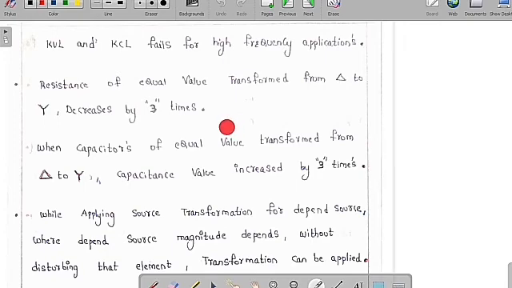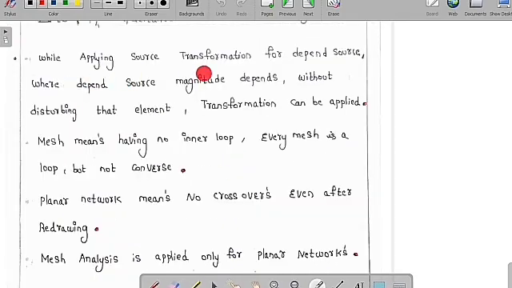This you can easily figure out with the help of the star delta conversion. Similarly, when capacitance of equal value is transferred from delta to star, the capacitance value increases by 3 times. This also you can figure out with the help of the star delta transformation. While applying source transformation for a dependent source, the transformation can be applied without disturbing the element on which the dependent source magnitude depends.